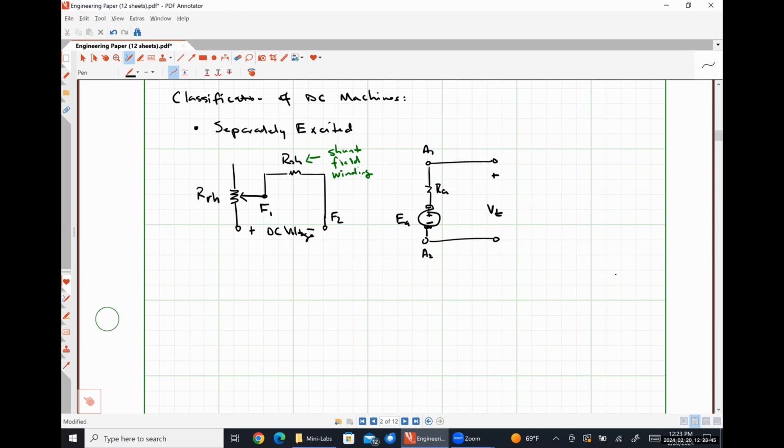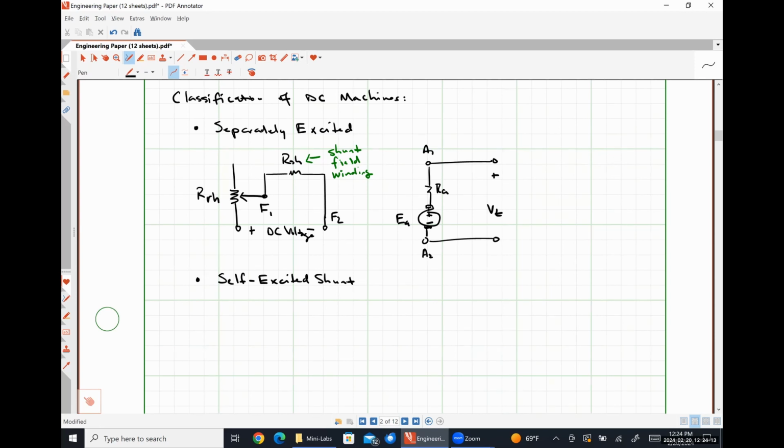The next way that we could potentially connect things would be the self-excited shunt. And so effectively what we're going to be doing is we're just going to be connecting our field circuit in parallel to our armature circuit.